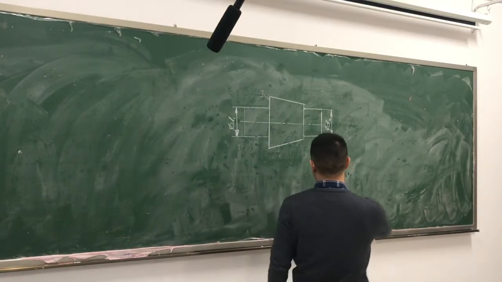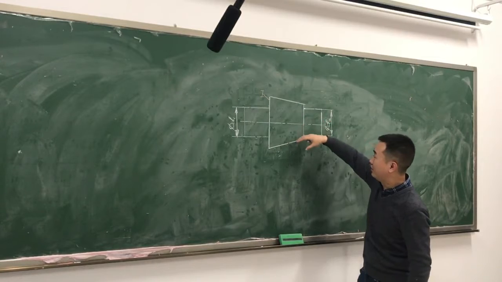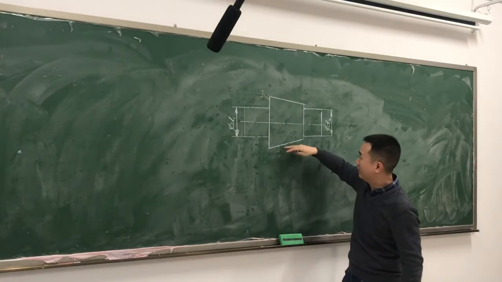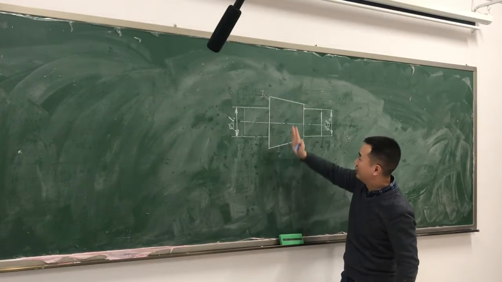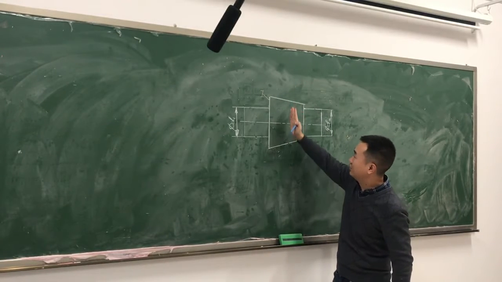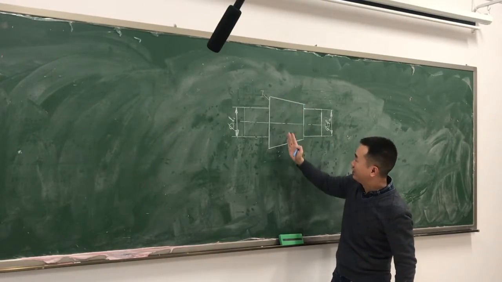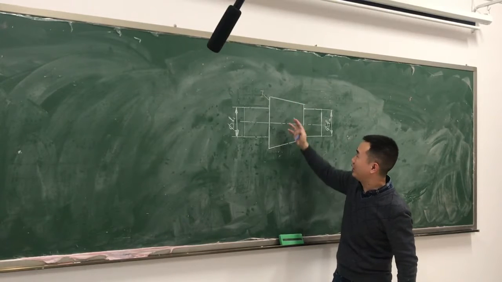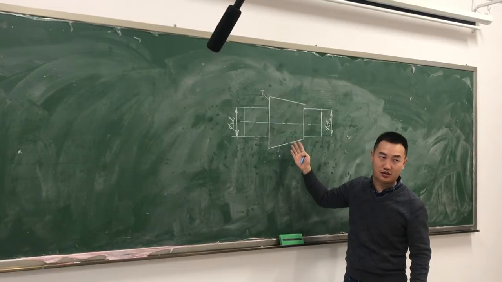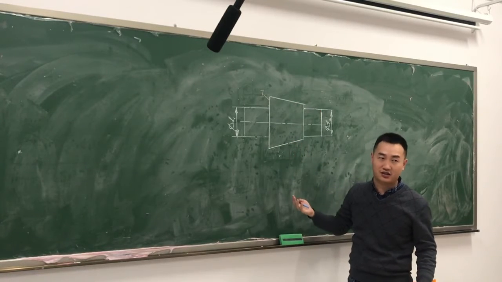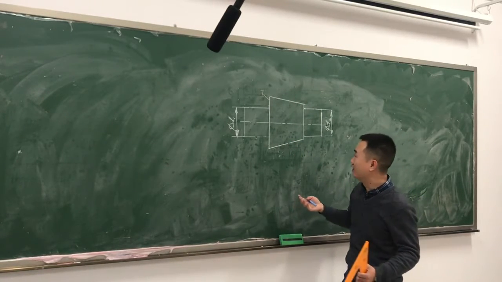So here, if we want to measure the circularity, we use a plane to cut the workpiece. We can get a circle, right? Ideally, it's circular, but in fact, it has the circularity error.